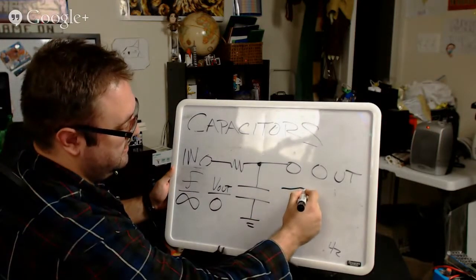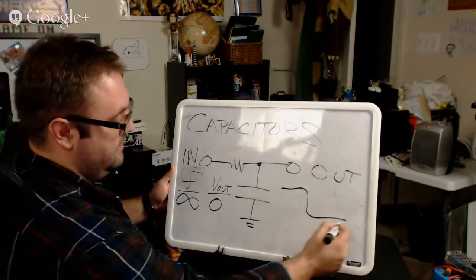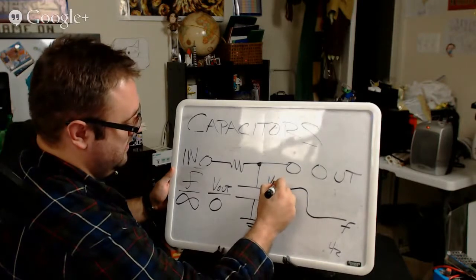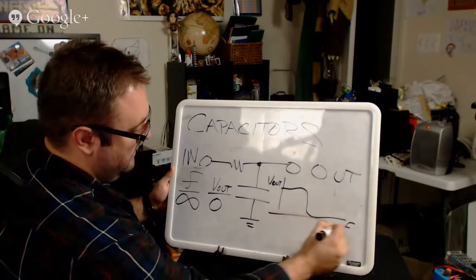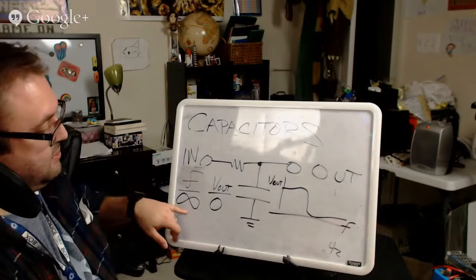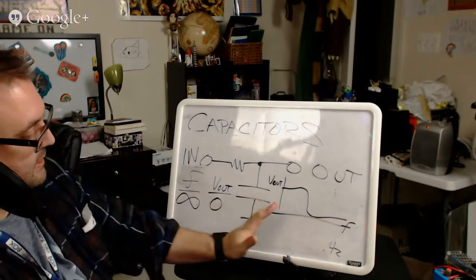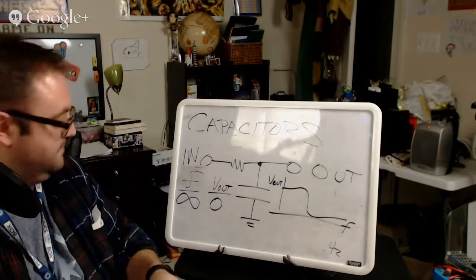So this is the frequency on this axis, and this is my voltage out on the Y axis. When the frequency of my signal is really high, it gets dumped into ground, and therefore it's a low pass filter.